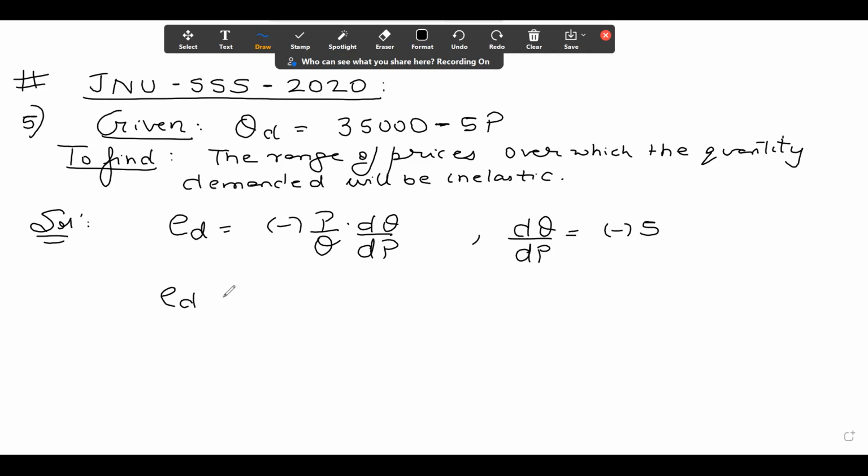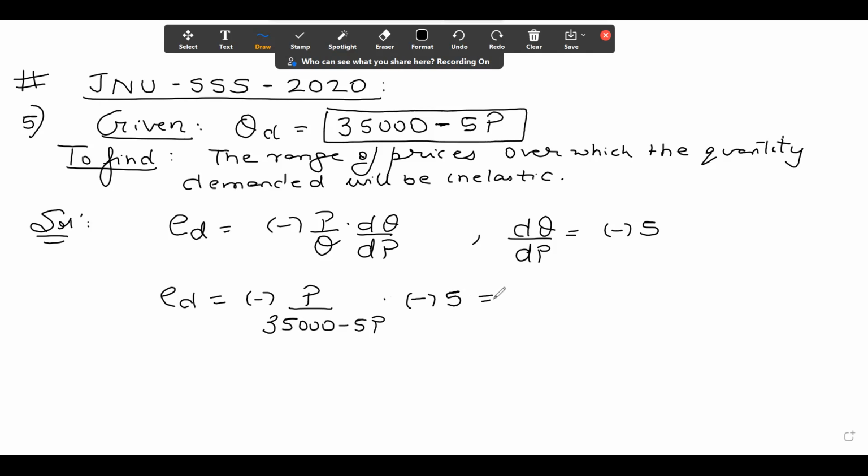So my elasticity of demand will be minus P upon what is Q, guys? 35,000 minus 5P, times dQ by dP, which is minus 5. This makes it 5P upon 35,000 minus 5P.